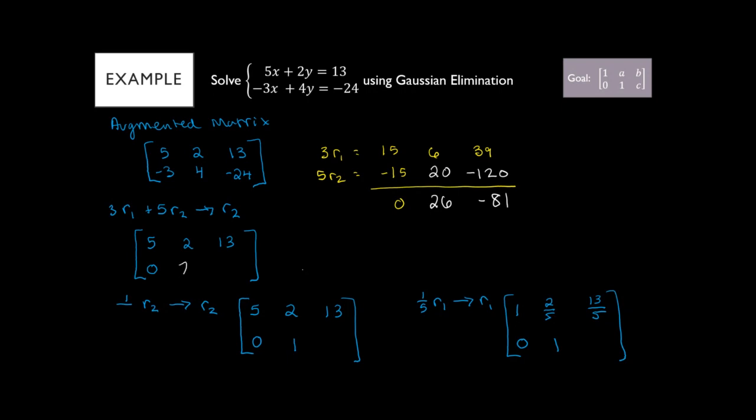So that's going to be 0, 26, negative 81. So instead of dividing both sides by 18, I'm dividing by 26 for that last row. So that would be negative 81 over 26, which doesn't reduce. This is actually getting grosser numbers.